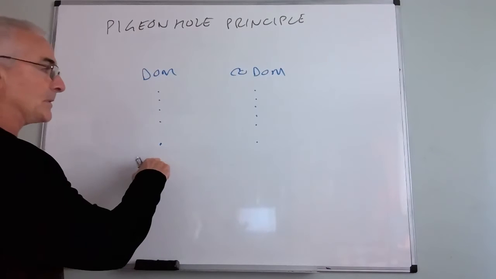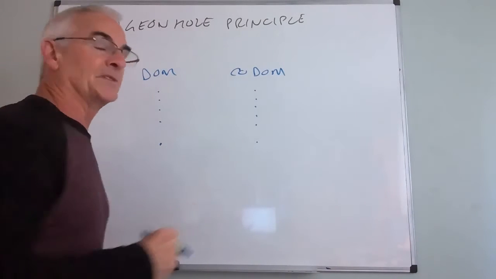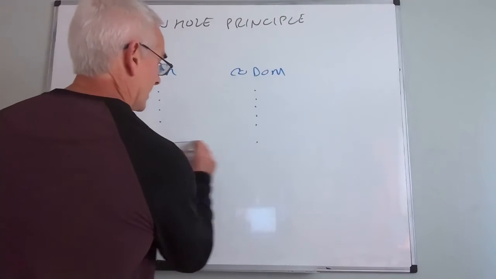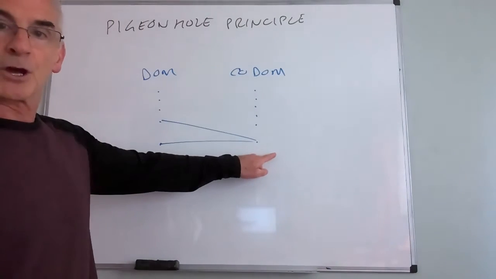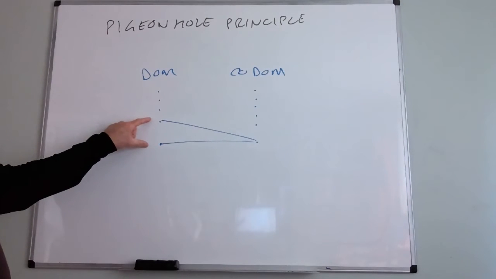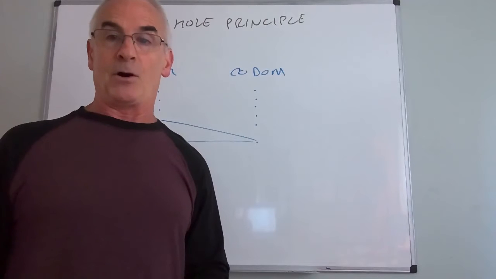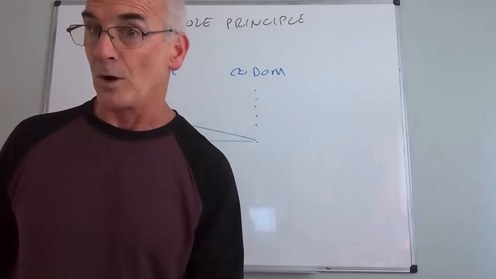If the number of elements in the domain exceeds the number of elements that I'm using in the codomain, then there's got to be at least one element in the codomain that gets mapped to by multiple elements in the domain. By the way, that doesn't violate being a function at all. What that does mean is my function is not one-to-one.